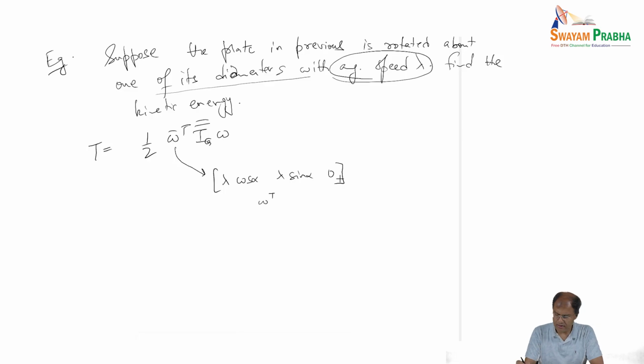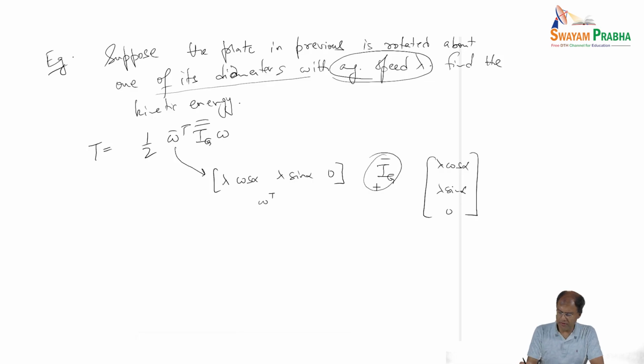And this is what we have in Ig. So Ig will be our moment of inertia about the center of mass.